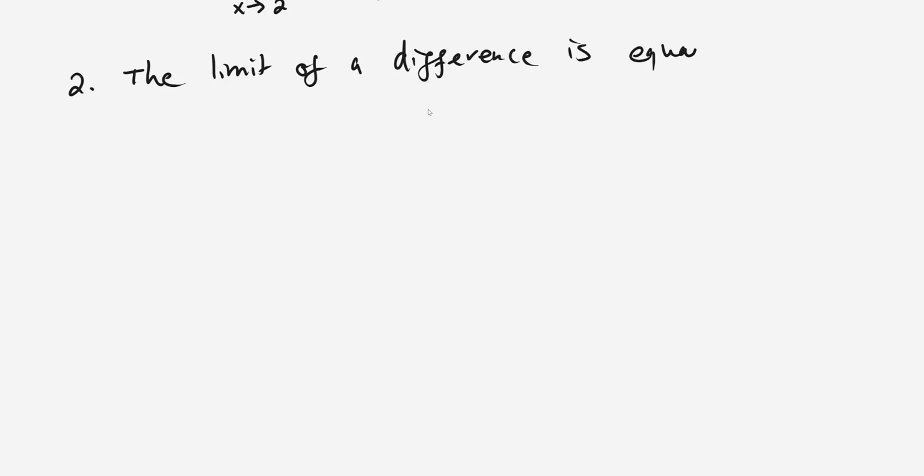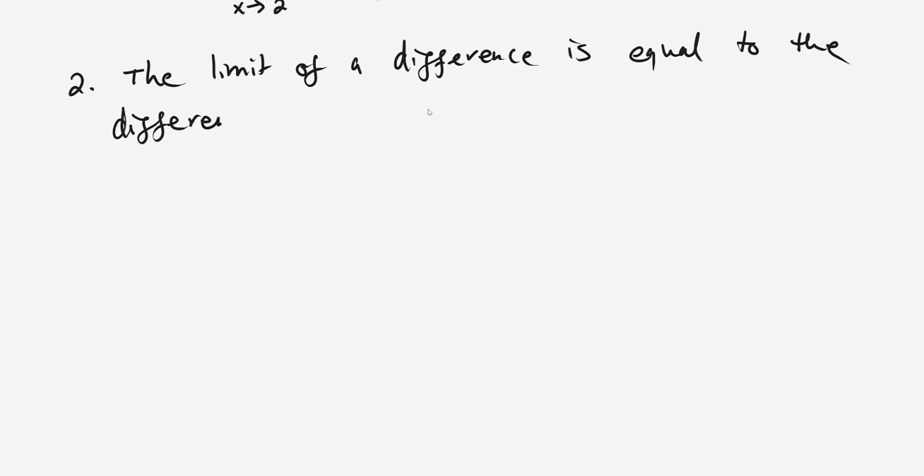The second law now is the law of differences, and it's very similar, obviously, to the law of the sum. The limit of a difference is equal to the difference of the limits.